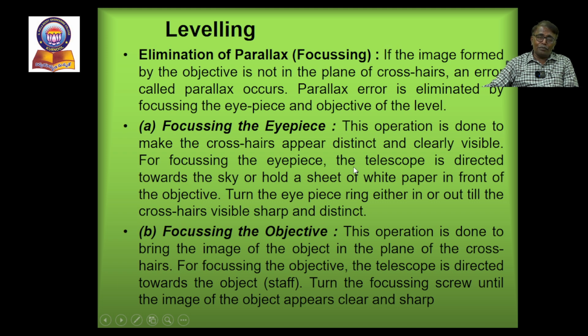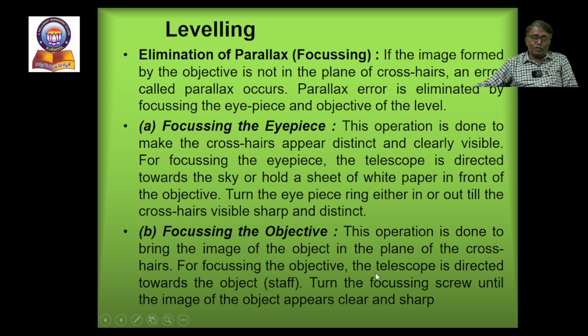For focusing the eyepiece, the telescope is directed towards the sky or hold a sheet of white paper in front of the objective. Turn the eyepiece ring either in or out till the crosshairs are visible, sharp and distinct. Next, focusing the objective. This operation is done to bring the image of the object in the plane of the crosshairs.